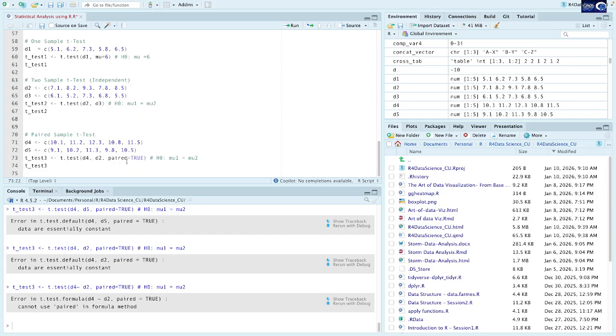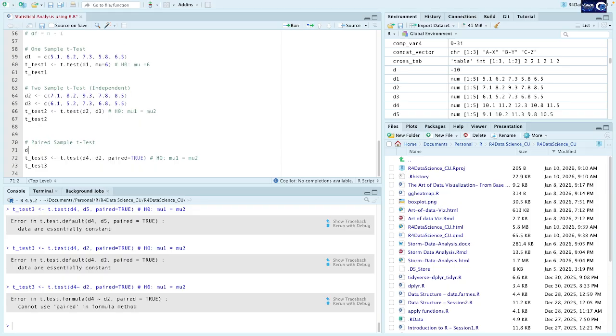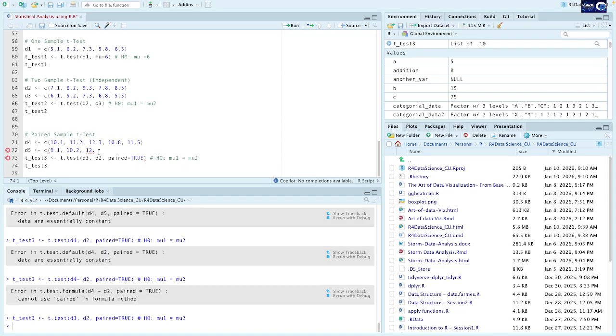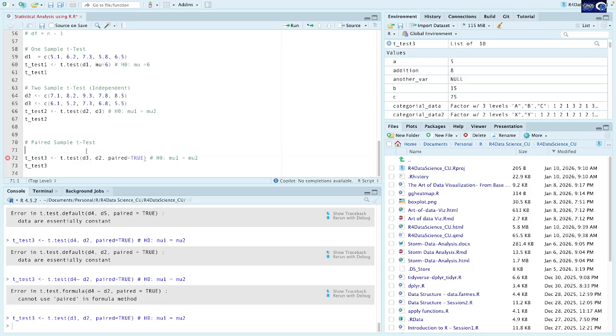Okay, let me put some other data, D4 equal to this one. Is it because of D3 and D2? Okay, so it is actually checking the rank, so it is not taking that point value. Okay, that was the problem.